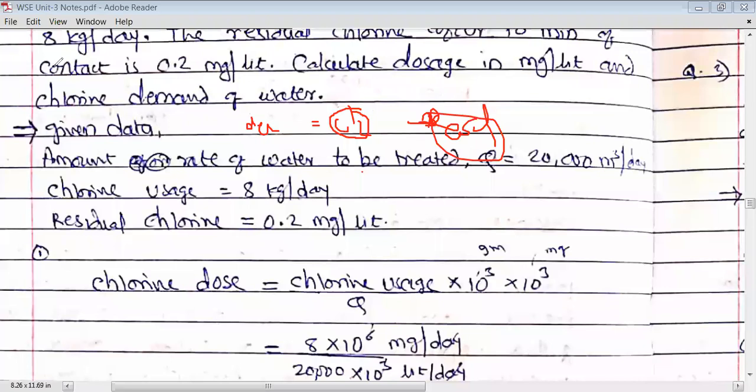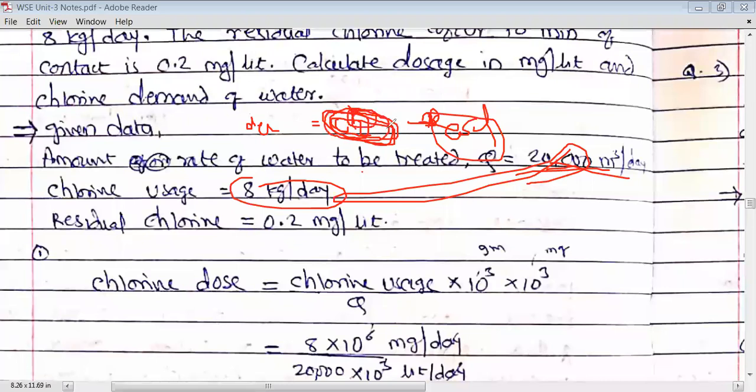They have given the chlorine usage, which is 8 kg per day, and they have given the rate of flow, which is 20,000 meter cube per day. So by using these two values, chlorine usage and rate of flow, can we find the chlorine dose? What is the quantity or the rate of chlorine dose? It can be found by using this formula.